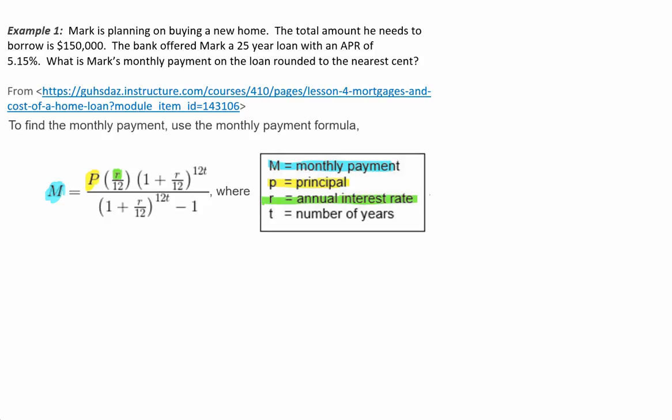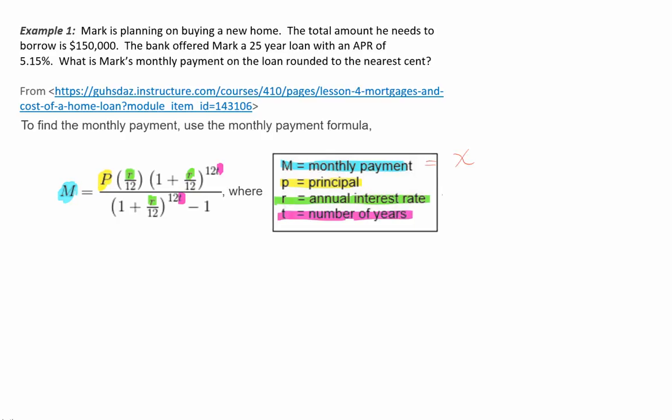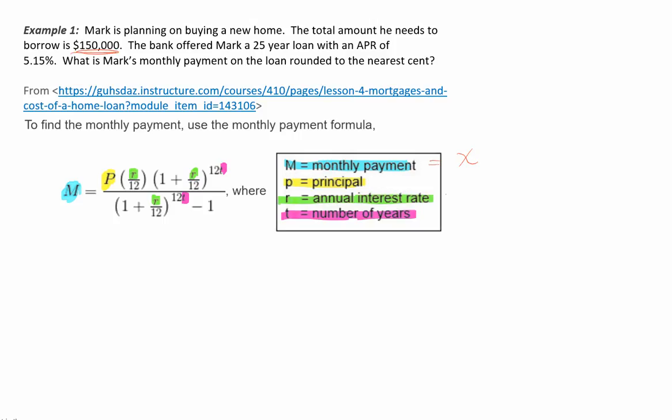And then we're going to need T, which is time. And you see we're going to be using T there, and then we're going to be using R several times. So let's set up what those things are. We are going to find that, so that is going to be our X. Our principal is going to be the amount that we are going to borrow, which is $150,000.